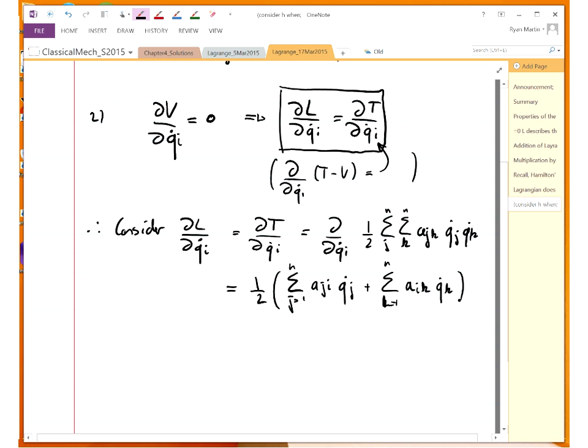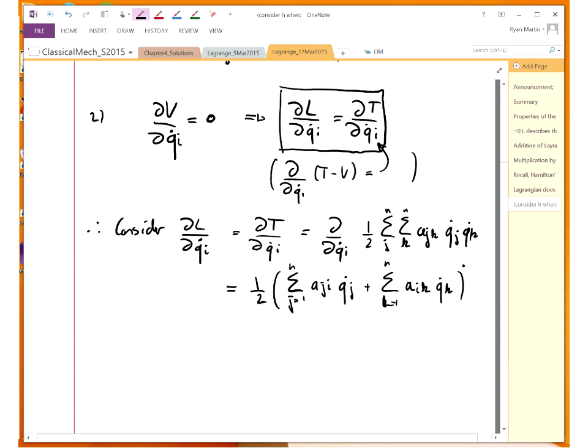So the first sum, you've pulled out the term when q_K equals to q_I. So the term in front of the q_K when it's equal to I is q_J dot times A_JI. And the second term is the same thing the other way around. You're pulling out the term when J equals to I.